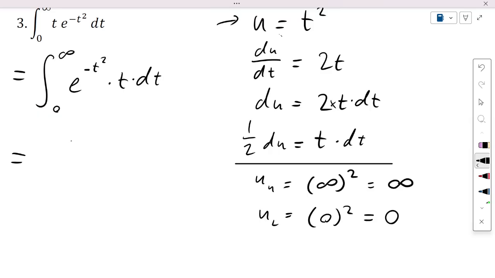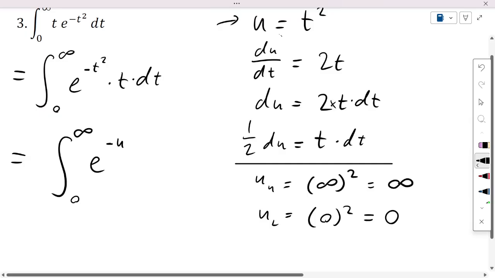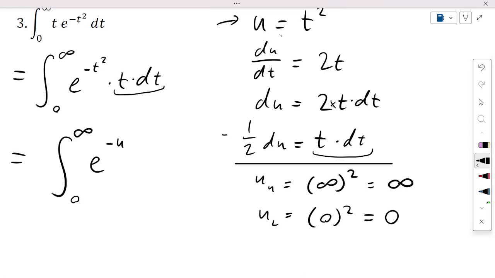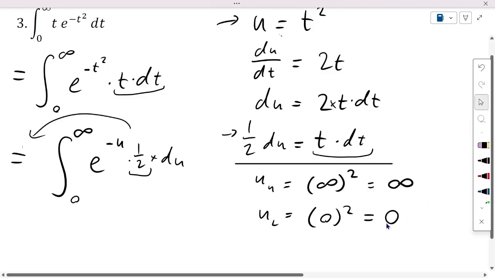Okay, so that's our new integral over here. Infinity is the upper limit and 0 is the lower limit. So we're just changing things around over here. So we have e raised to the power of negative u. Now remember that this t squared is equal to u, and we just have the negative in front of it, and then t multiplied by dt is replaced with a half multiplied by du, where we can take the half out to the outside of the integral.